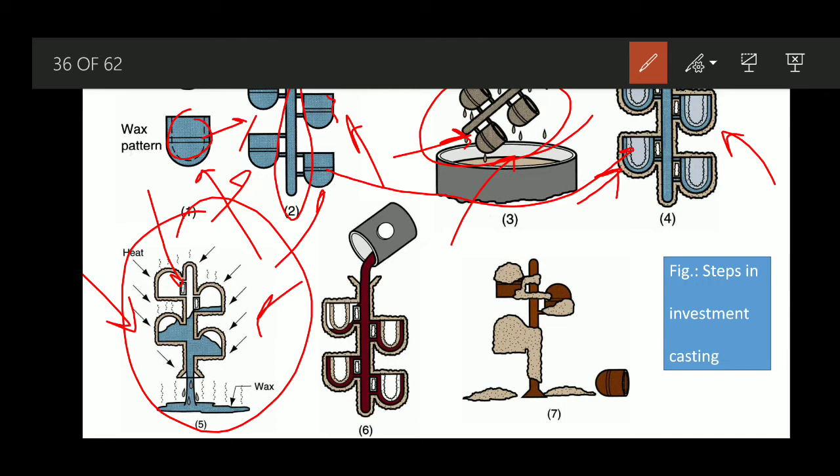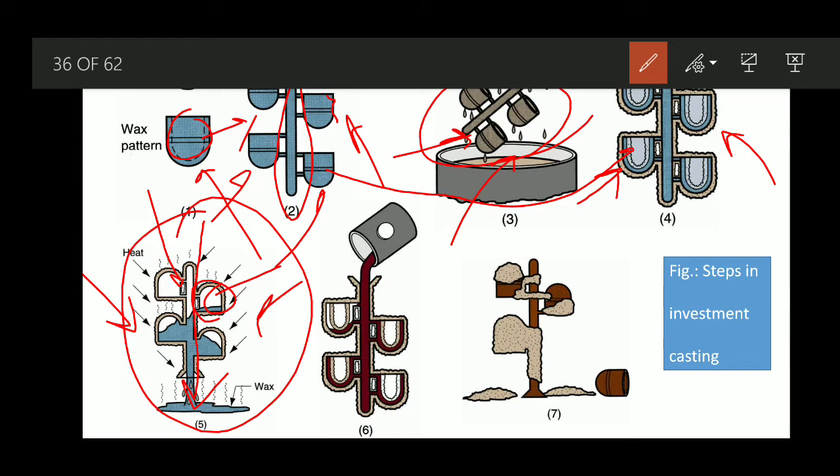There will not be any problem with it, but inside of it we have the wax pattern, and once it is heated the wax will melt and drip out from here. Once the whole wax has dripped out, the white shows the cavity.